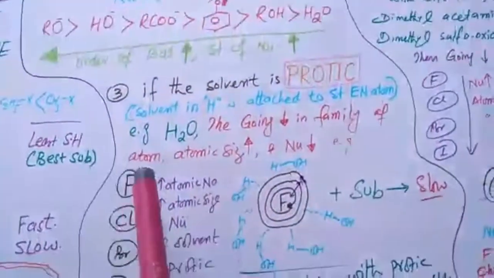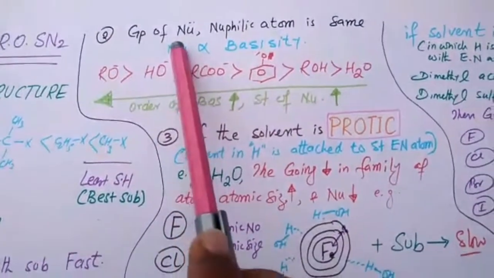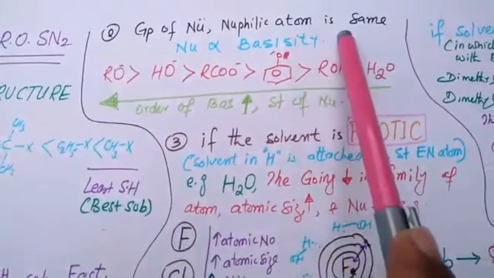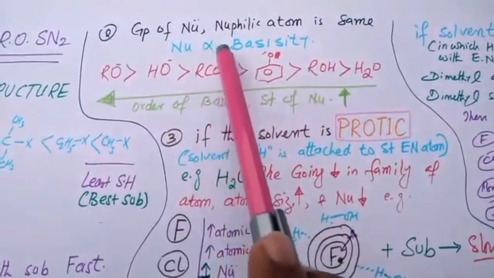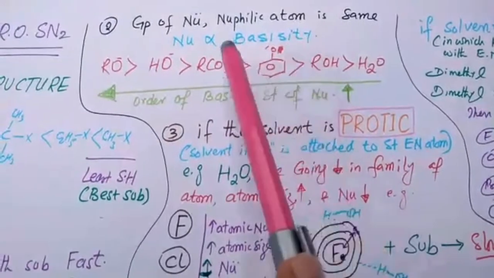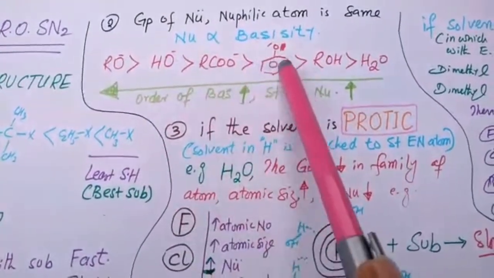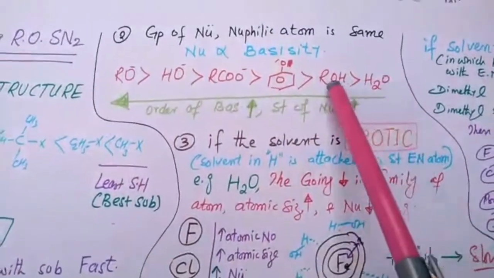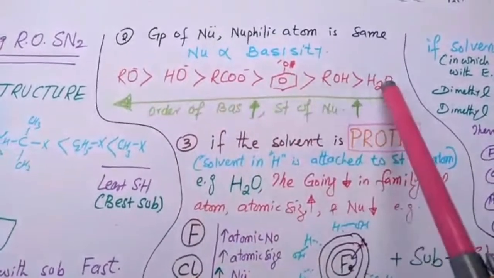Now our second point: in a group of nucleophiles in which the nucleophilic atom is the same, nucleophilicity is directly proportional to basicity. For example, alkoxide, hydroxide, and so on. In this group of nucleophiles, the nucleophilic atom is the same, oxygen.